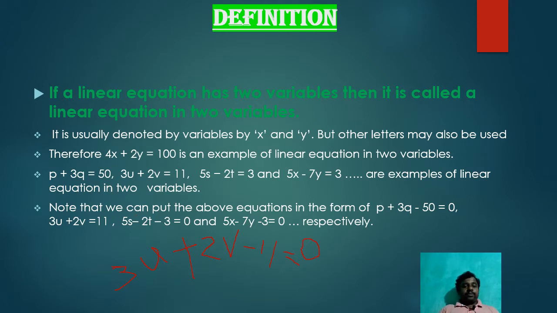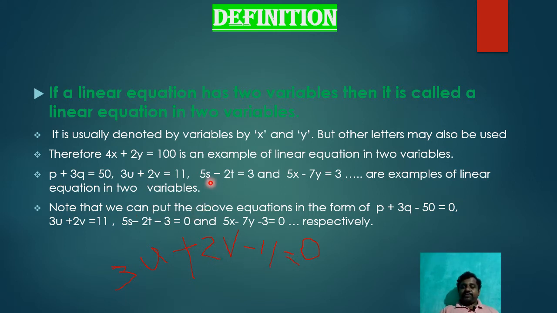I forgot to write here 3u plus 2v is equal to 11. This is 3u plus 2v minus 11 is equal to 0.